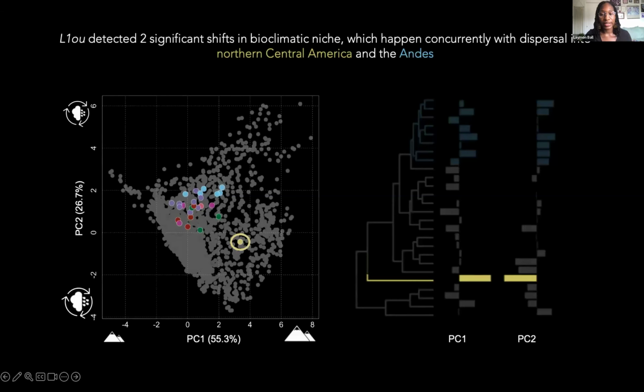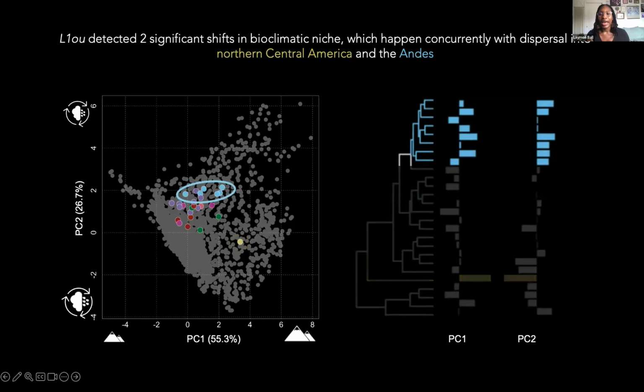The first was in Balmea stormii, as it was dispersing from Southern Central America into Northern Central America, and also into drier, higher elevation environments that are more seasonal. L1OU also detected a shift in this Andean subclade within Hylia subgenus Hylia. That shift represents movement into wetter, higher elevation environments that are less seasonal.